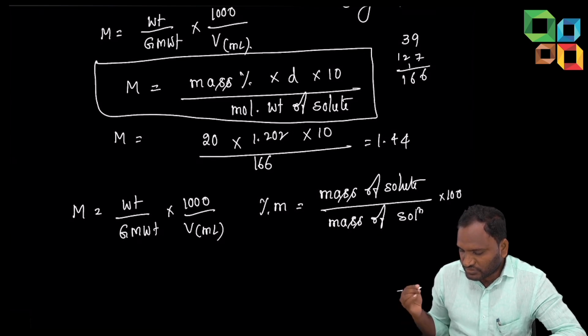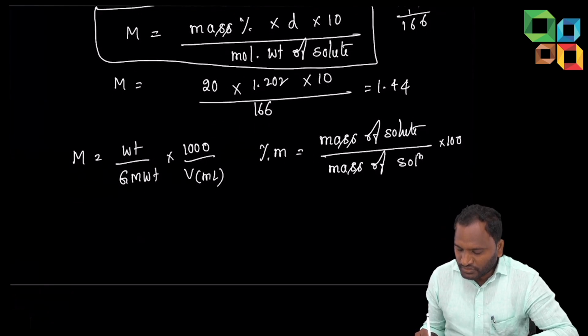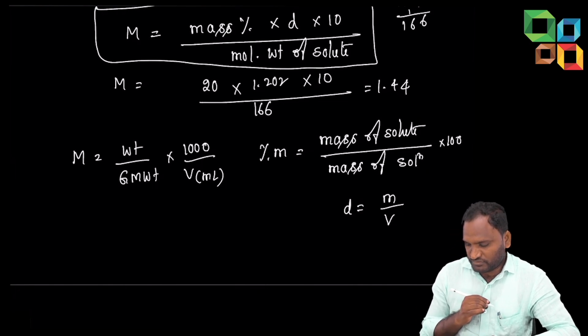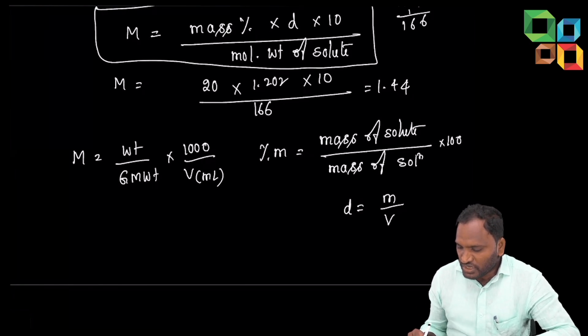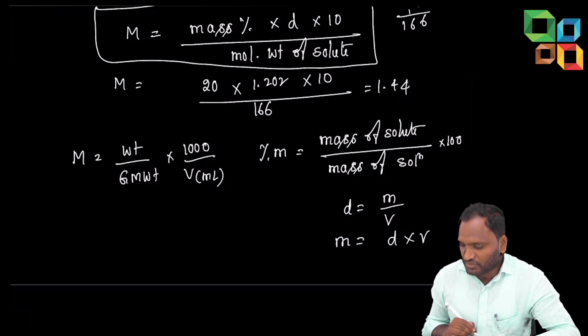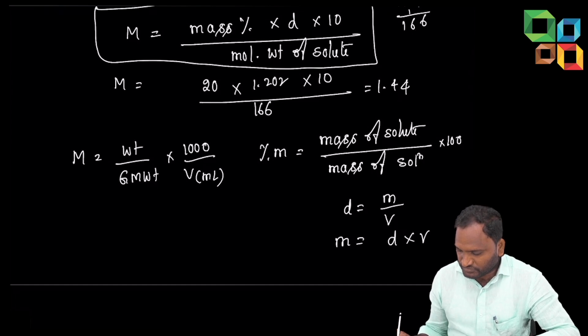This 100, let it be. Here, density they have given, no, mass of solution by volume of solution. We want to convert mass of solution into density and volume. So mass is equal to D into V.